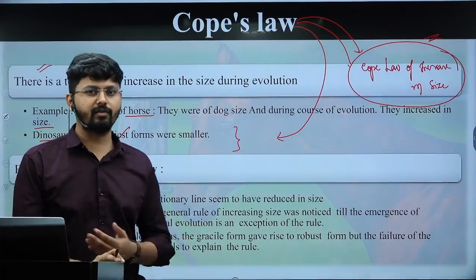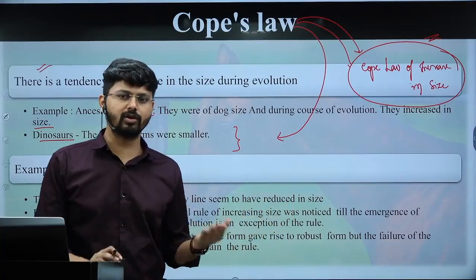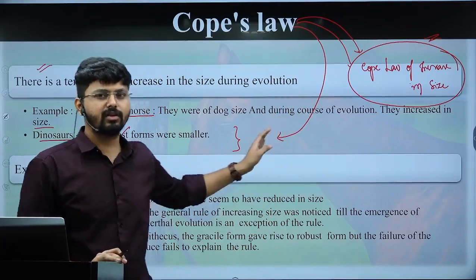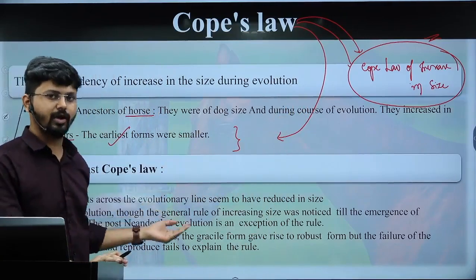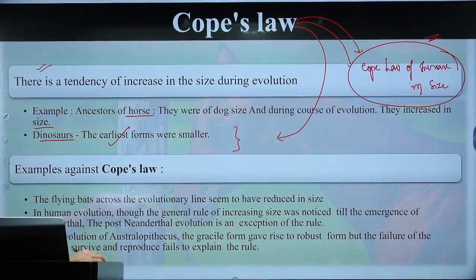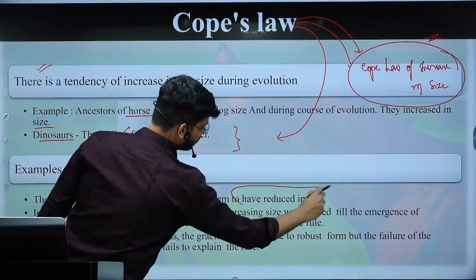He says that every time evolution happens there will be an increase in size. Throughout evolution there is always an increase in size observed. He has given examples: one is the horse, the other is dinosaurs. But is it always true? No. There are examples against it: flying bats across the evolutionary line seem to have reduced in size.